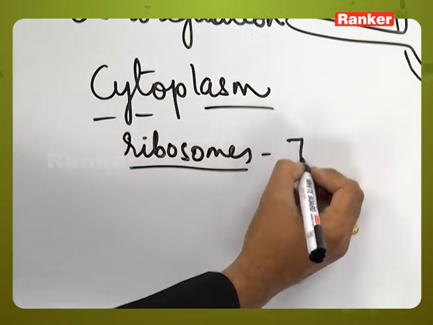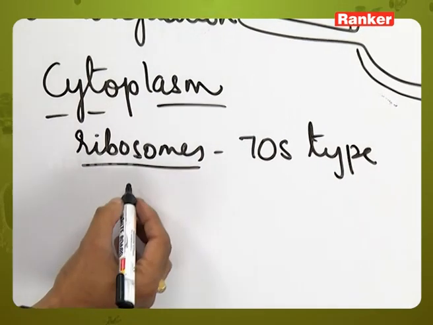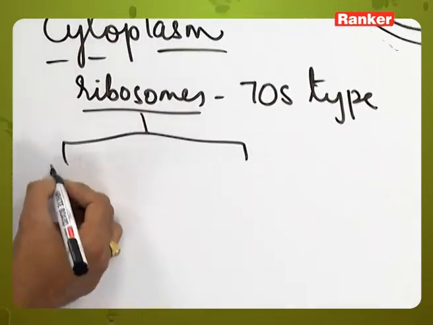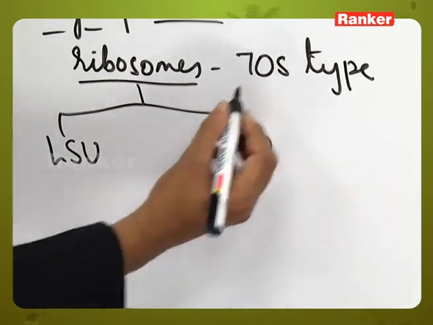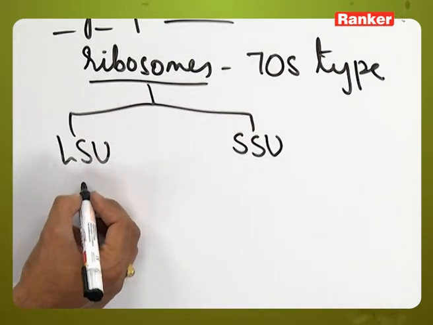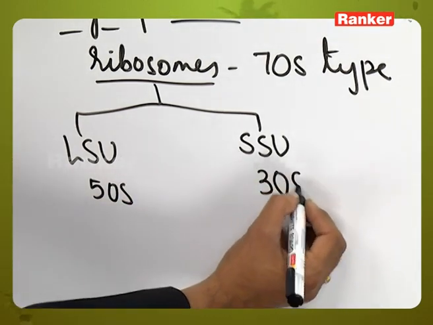Here the ribosomes are of the 70S type, and as we know, every ribosome contains a larger subunit and a smaller subunit. In the 70S type, the larger subunit is 50S and the smaller subunit is 30S.